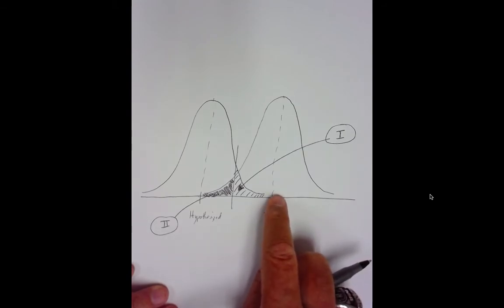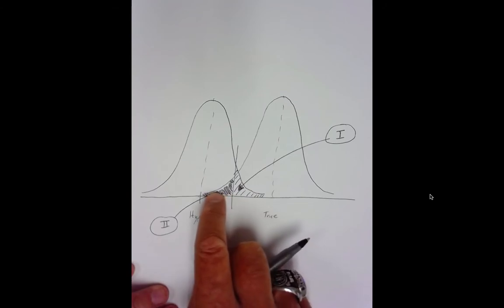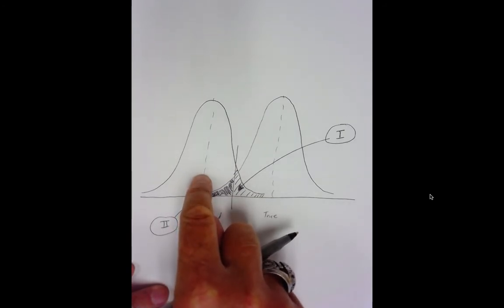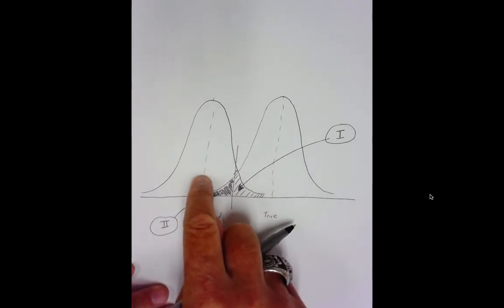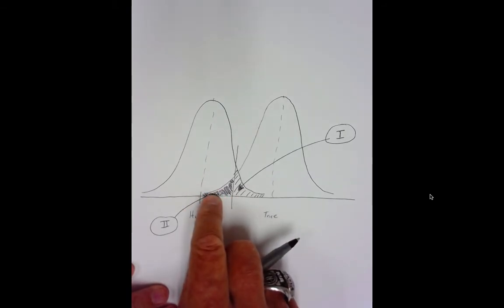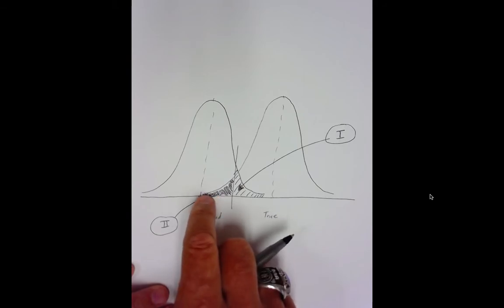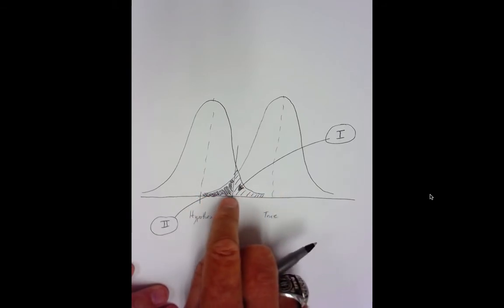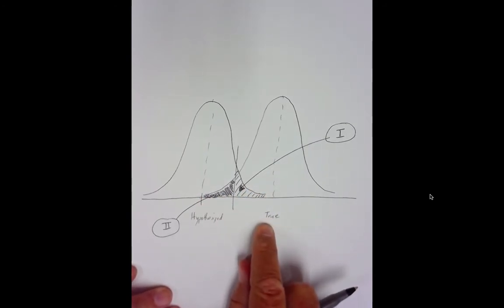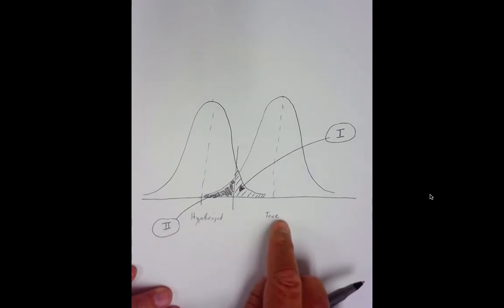So the probability of what we collect has to come from the true distribution that we're actually drawing our sample from. But if we get anything from here over, it's going to make us think that it's close enough to the hypothesized value. So by definition, a type 2 is failing to reject, because it's on the left side of the rejection line, a false null. But again, the calculation for the probability has to come from this distribution, because this is truly what we're drawing from. Again, this is false. It's got to be something else.